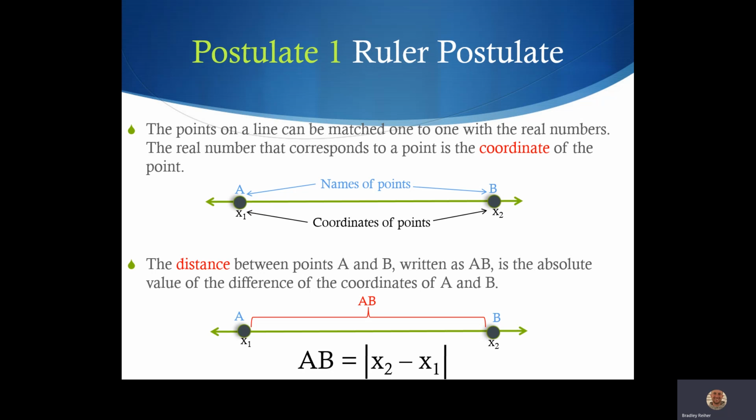Coordinates can be negative, but the lengths of the segments must be positive. Think about that for a second. How tall are you? Are you 6 foot tall? Is anybody negative 6 feet tall? Probably not. Anything that you measure has a positive length. Okay, so we're going to look at some examples using this ruler postulate in the next video.